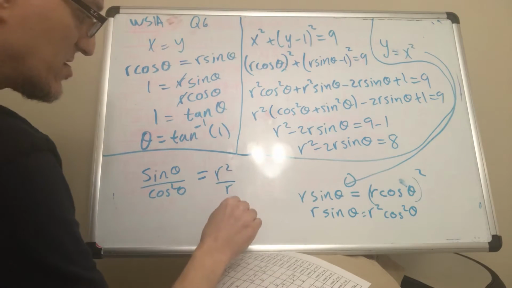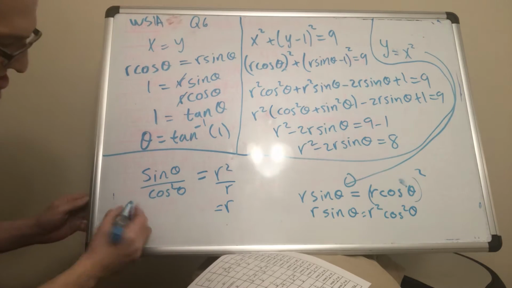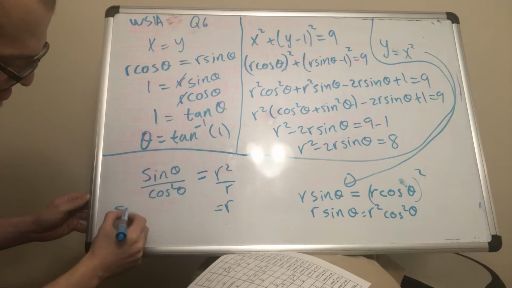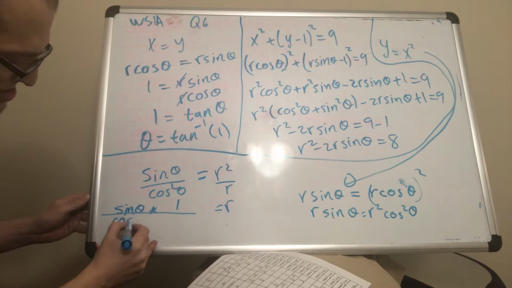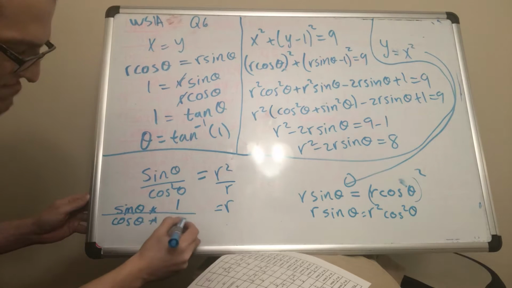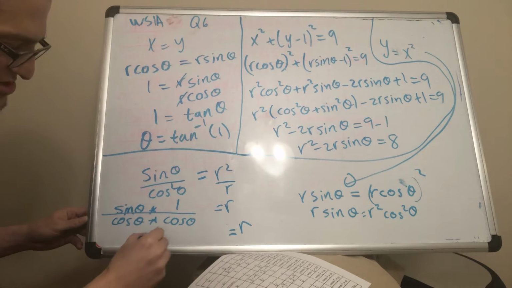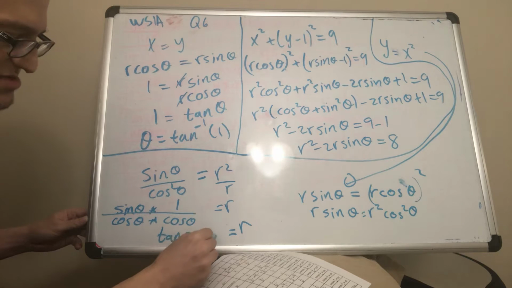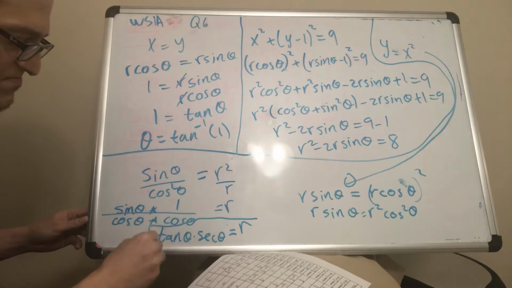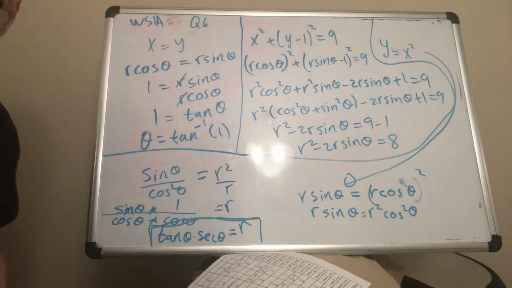So r squared over r is r. Now, sine over cos squared, you can treat this as sine theta times 1 over cosine times cosine. Sine over cosine is tan. 1 over cosine is secant. So the answer is r equals tan theta secant theta.